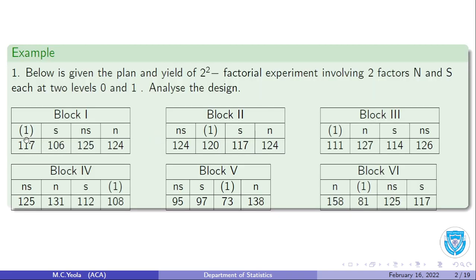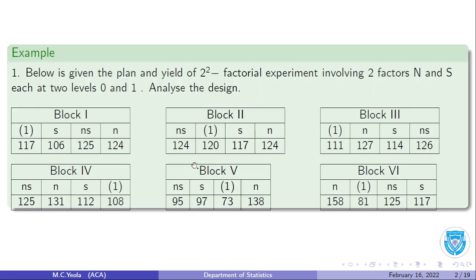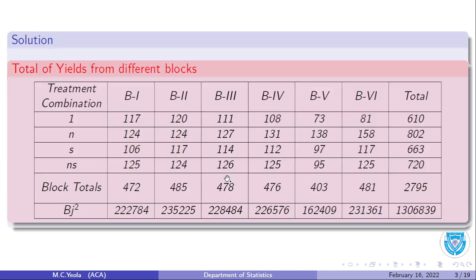That is 117 that we have taken there. Then in block 2 related to this 1, what is the value? That is 120. So that value we have taken from this and written here. Such a way we have taken all these values for all the remaining blocks, and for the remaining treatment combinations also we have collected the values from the given data.